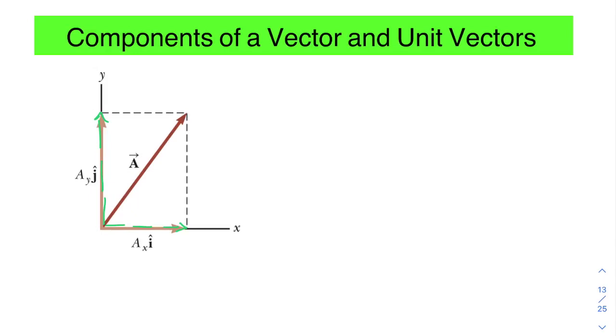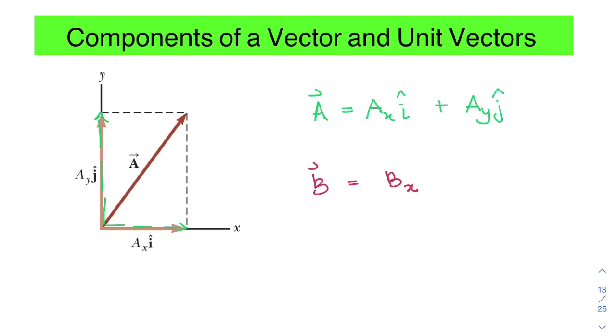How do we write down this information? The vector A can be written as Ax times i-hat plus Ay along the unit j-hat.